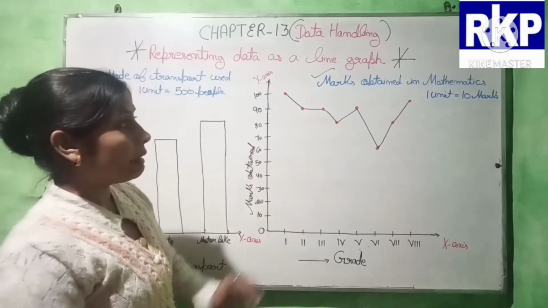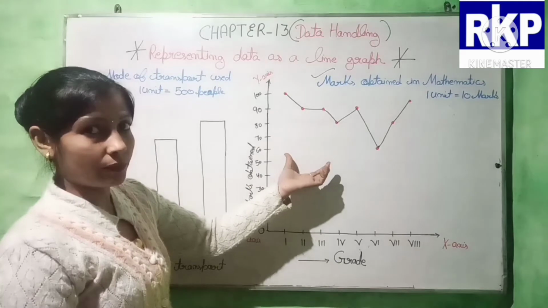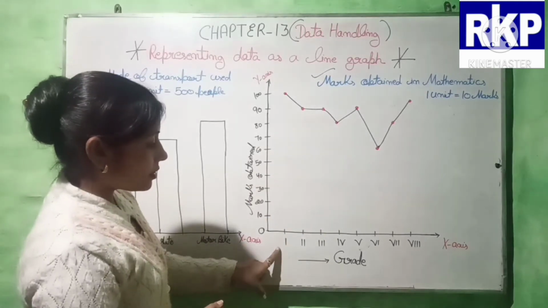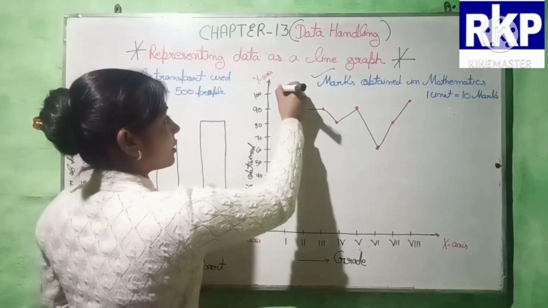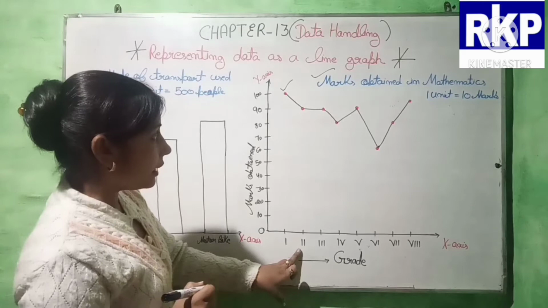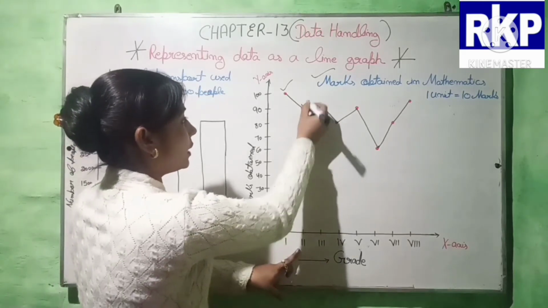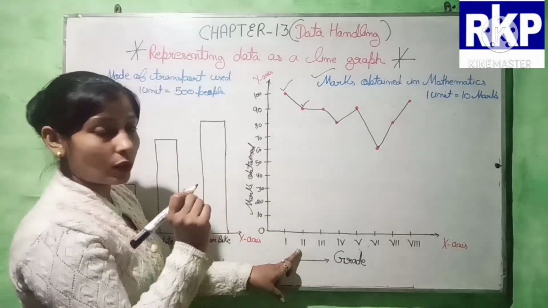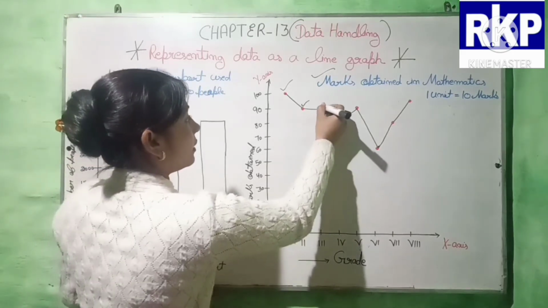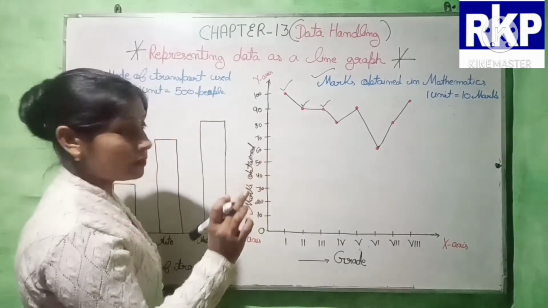Now when we read this line graph, then we can say that in first grade 100 marks are obtained, and in second grade 90 marks are obtained, and in third grade 90 marks are obtained.